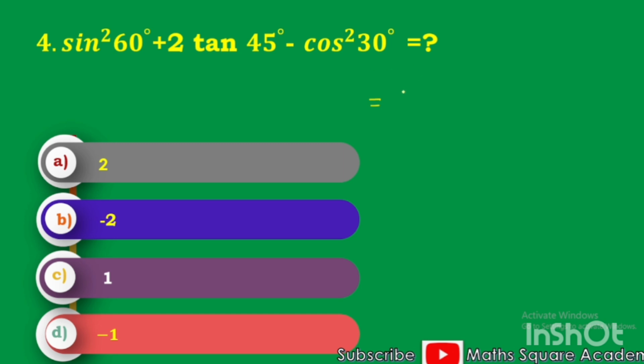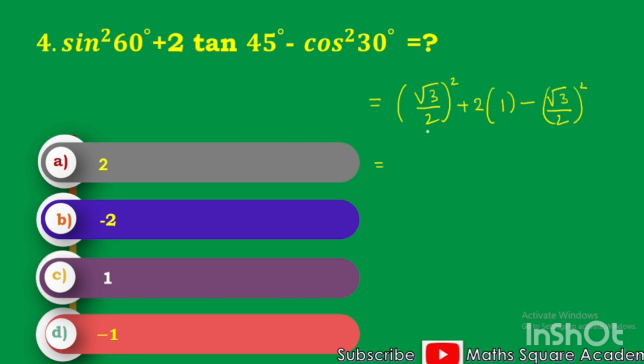First one is sin square 60. We know the value of sin 60 is root 3 upon 2, whole square, plus 2 tan 45. You know that tan 45 is always 1. So minus cos square 30, and cos 30 is root 3 by 2, whole square. So simplify this one now.